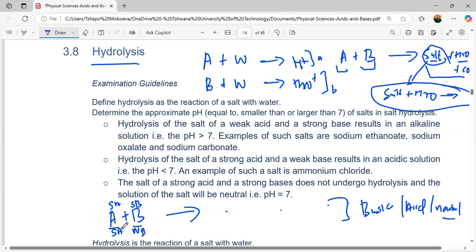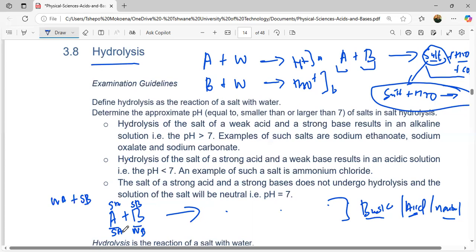If strong is fighting weak, strong will dominate weak. So if you have a strong acid and a weak base, the strong acid will overpower, and the solution will be acidic. If a weak acid reacts with a strong base, then the solution will be basic or alkaline because the base is stronger than the acid.